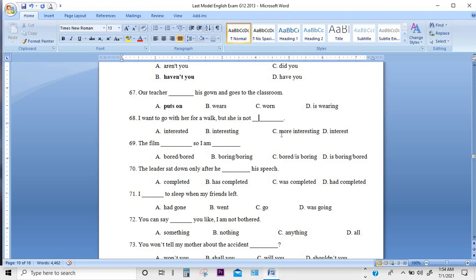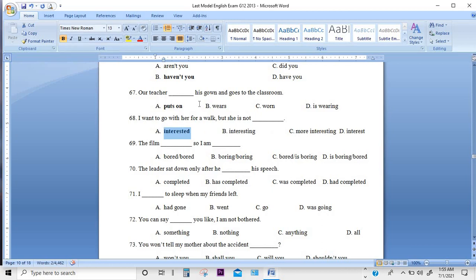she is not interested, simple present, this is a tense verb. Interested is past participle, interesting is present participle or gerund. So the safest answer would be interested, since it is also passive.